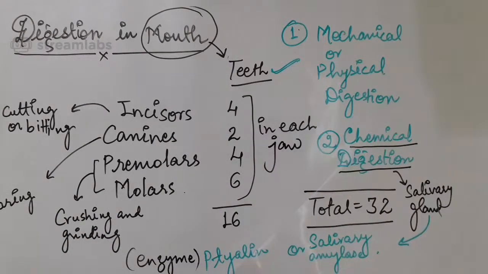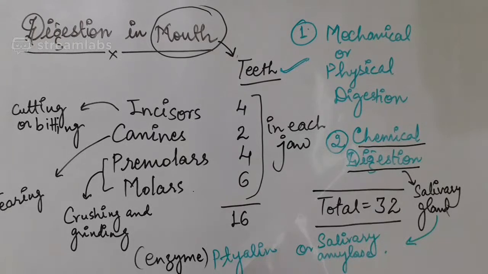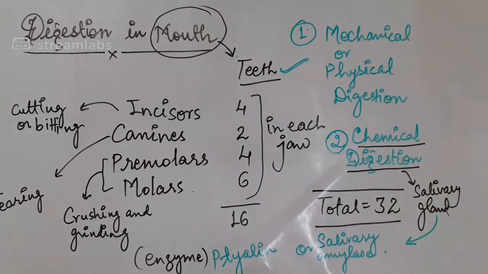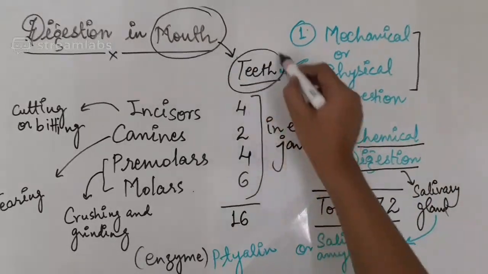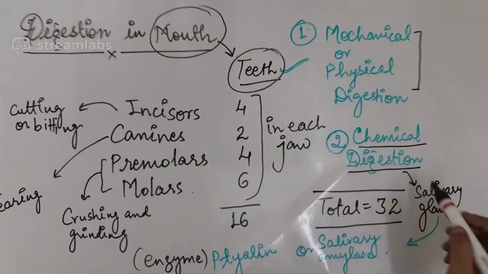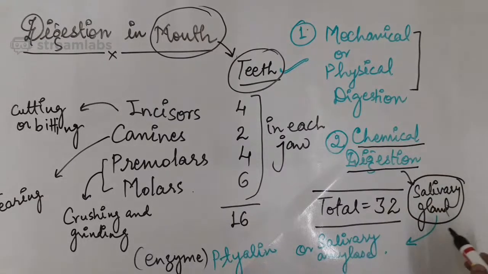So here is the first step of digestion in our human body, and the part of the alimentary canal where this type of digestion occurs is the mouth. The mechanical digestion is completed with the help of teeth, and the second step, that is chemical digestion, occurs by the associated glands' enzyme called ptyalin or salivary amylase.